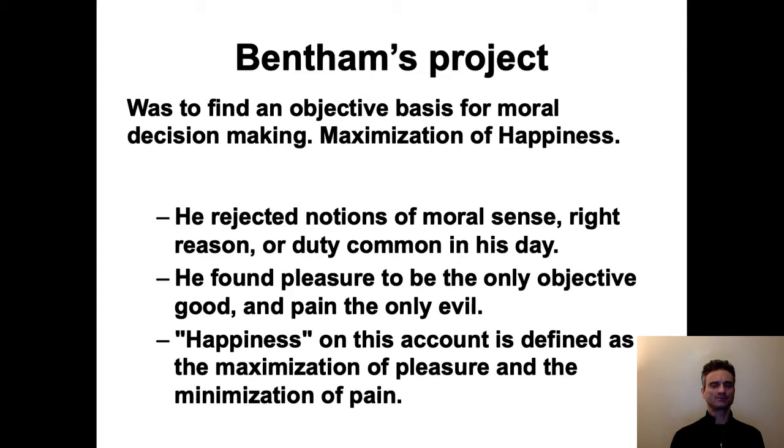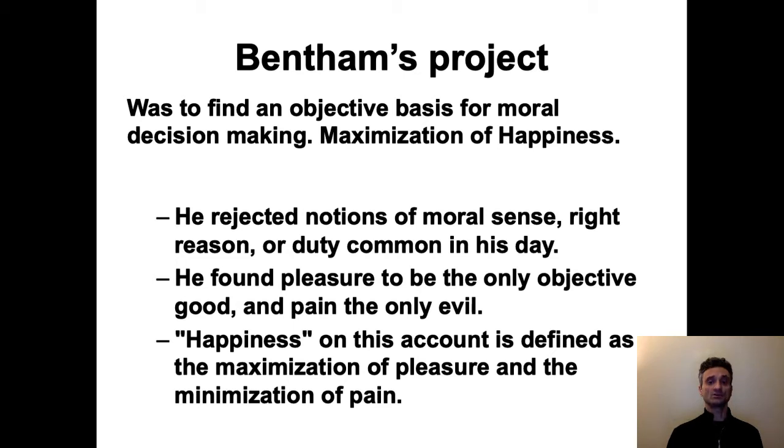Bentham's project, let's try to understand where Bentham was coming from. His project was to find an objective basis for moral decision making. Bentham thought that we have to be precise in ethics. That's what morality demands of us. We have to be precise.